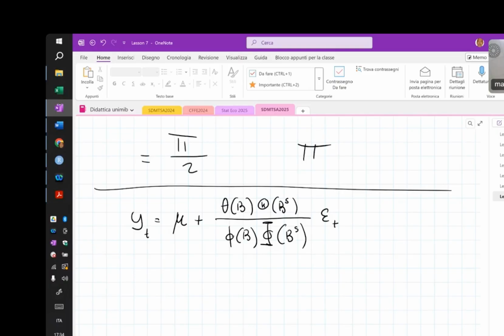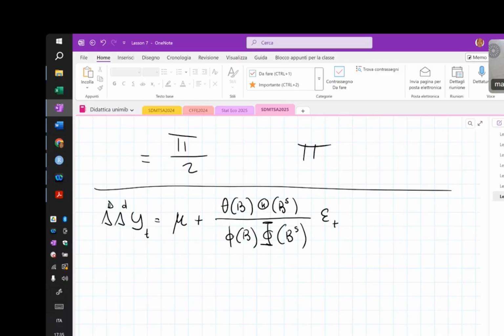And actually, you see that this is just a time series, which is equal to a mean and then a stationary process. This is the stationary part of the ARIMA process. What about the differences? The differences we put here, okay? However, as I told you, usually if I have the differences, I should apply it also to the other components.